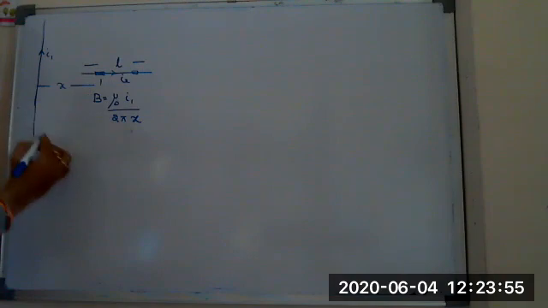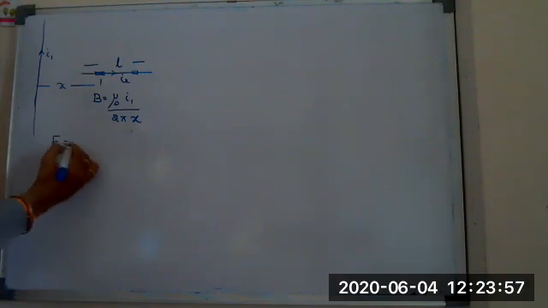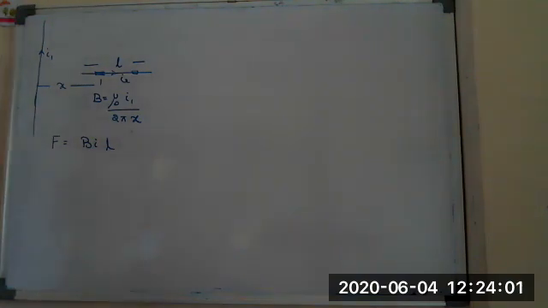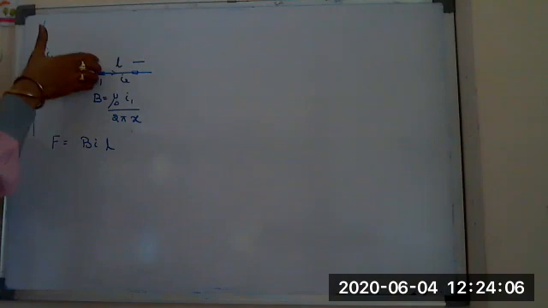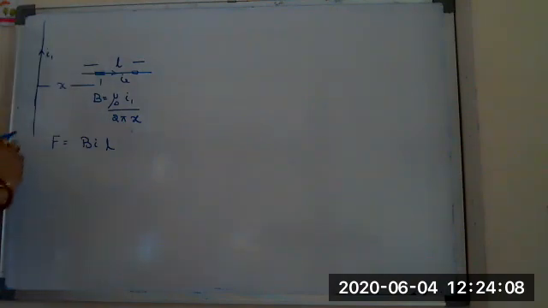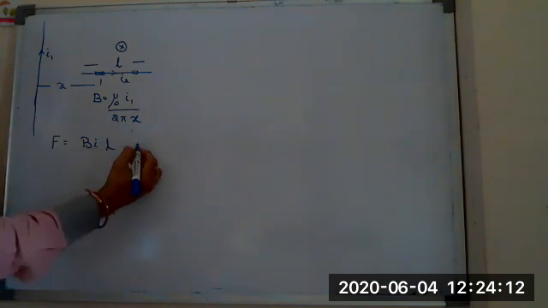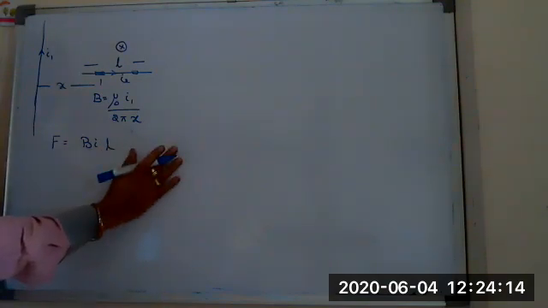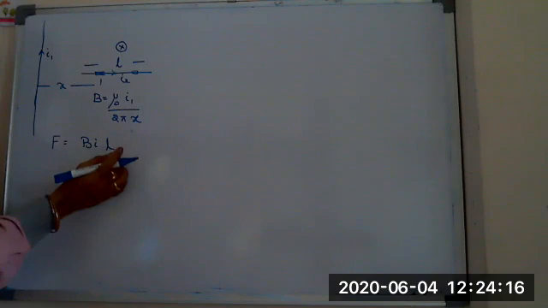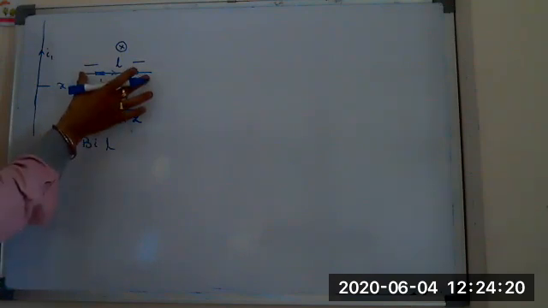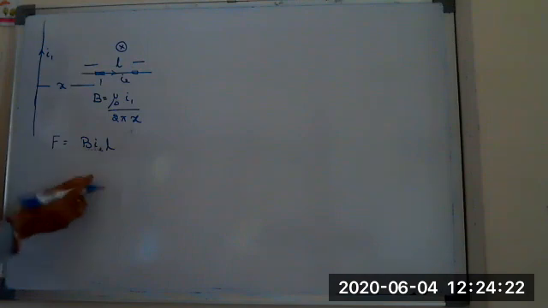If B is variable, then the force, as you know, the formula is B I L sine theta. I am not writing sine theta now, because the magnetic field is into the board, perpendicular to the conductor, so I would have to write sine 90. That one I am not writing. So BIL, where I is the current passing through the conductor, that is I2.